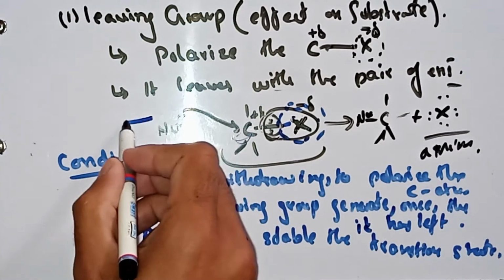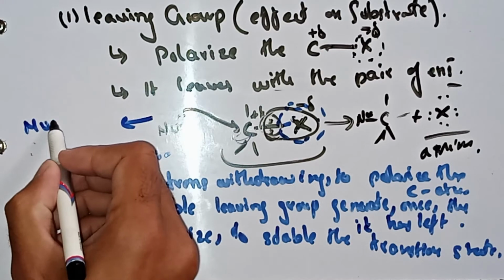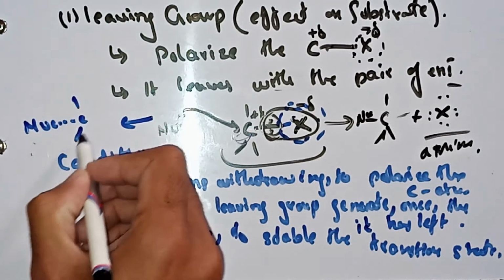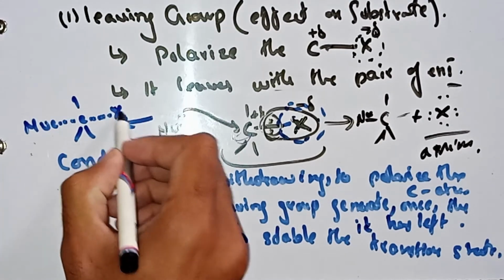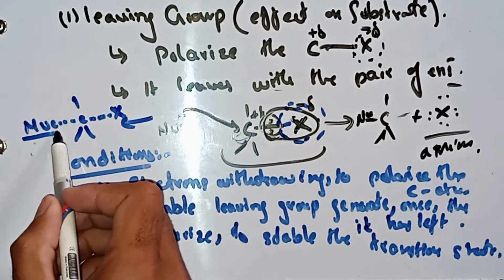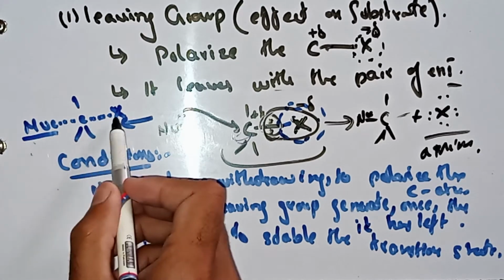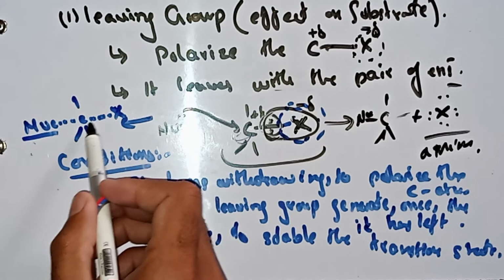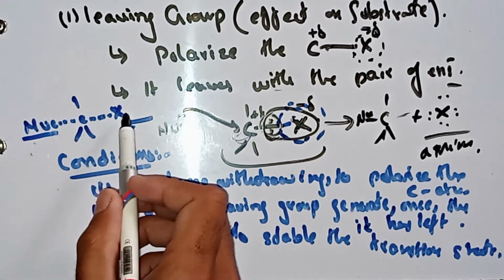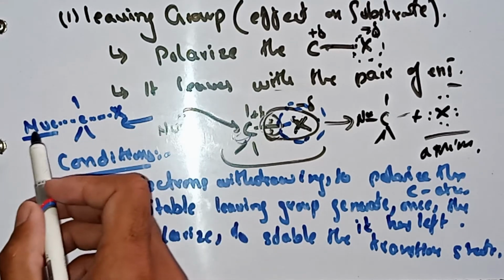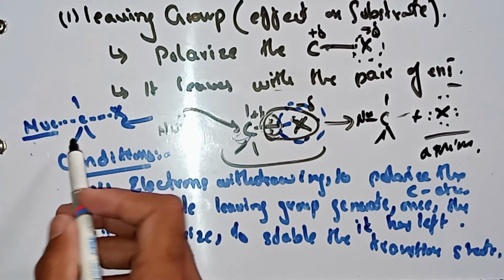In the transition state, suppose this is the nucleophile, this is the substrate, and this is the leaving group. The nucleophile partially donates, this bond is partially formed while this bond partially breaks. The bond between the leaving group and carbon partially breaks, while the bond between the nucleophile and the carbon partially forms.